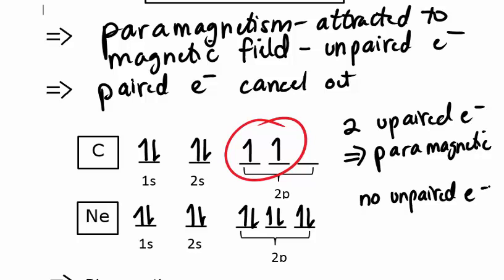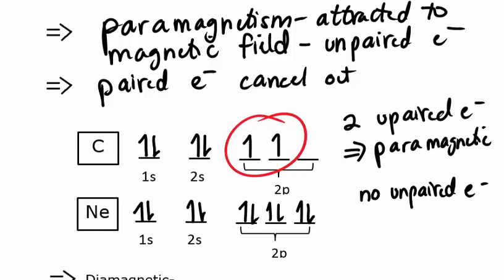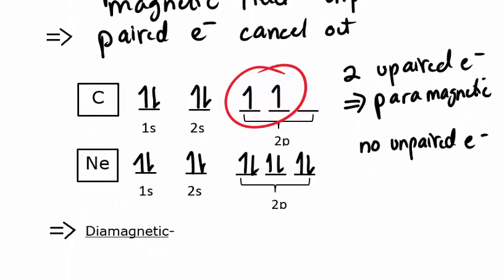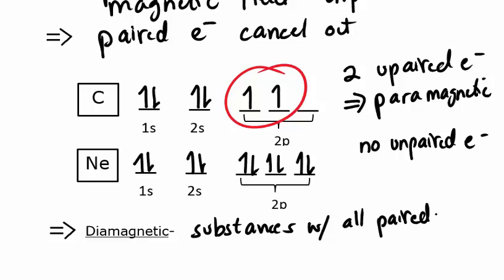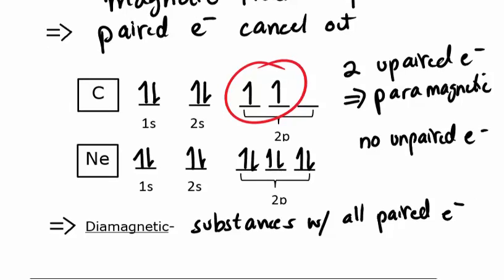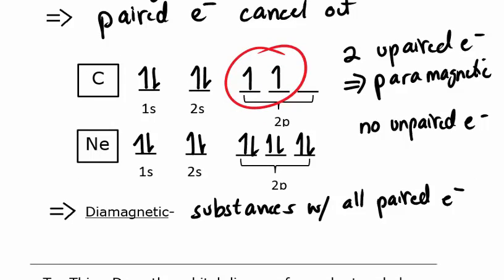So it is not paramagnetic, and the term when all the electrons are paired is diamagnetic. So neon is an example of a diamagnetic substance. And actually all of the noble gases will be diamagnetic as long as they are in their ground states and following the Aufbau principle.